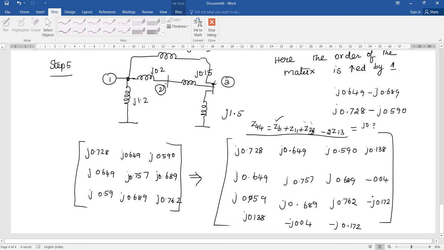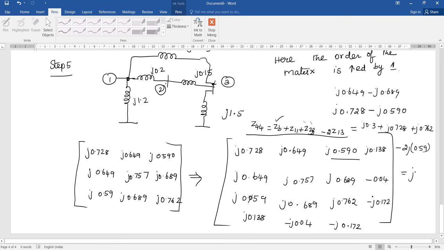J 0.3, this is the one element, plus J 0.728, this one, and the last one plus J 0.762, minus 2 into Z13, J 0.59. So what is the answer?